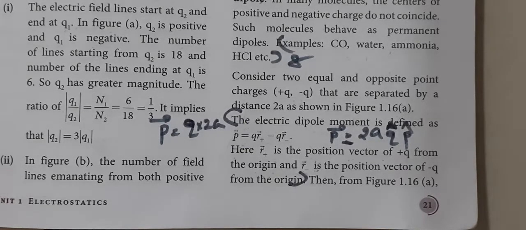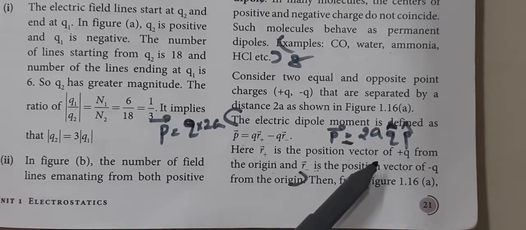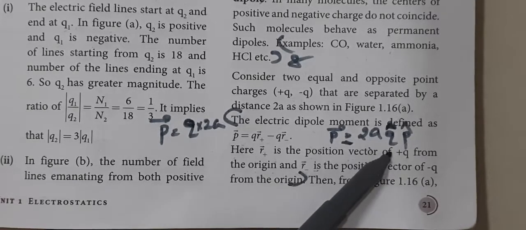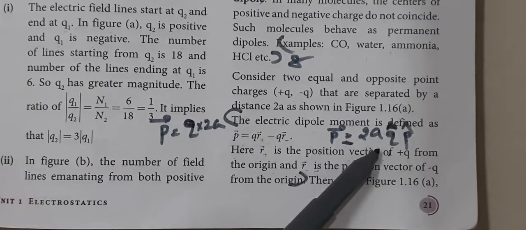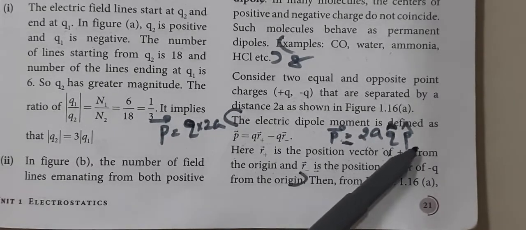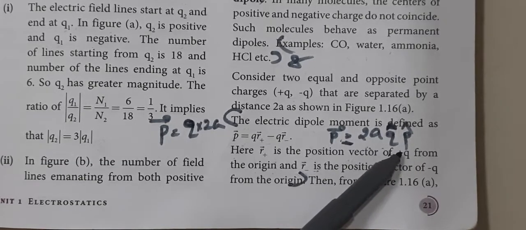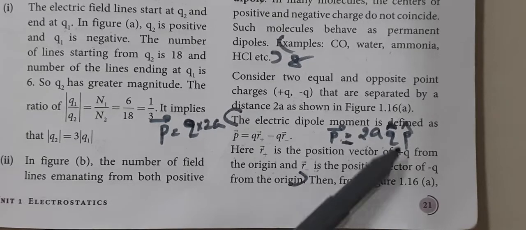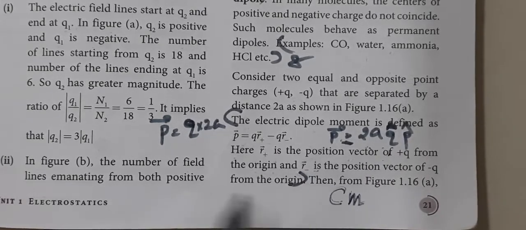It is defined as the product of one of the charges and the separation between the two charges. So P vector equal to 2AQ into P cap. Okay. So what is the unit of dipole moment? Charge unit is coulomb and distance is meter. So unit of dipole moment is coulomb meter.